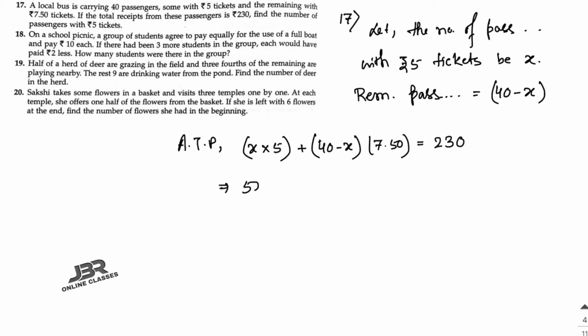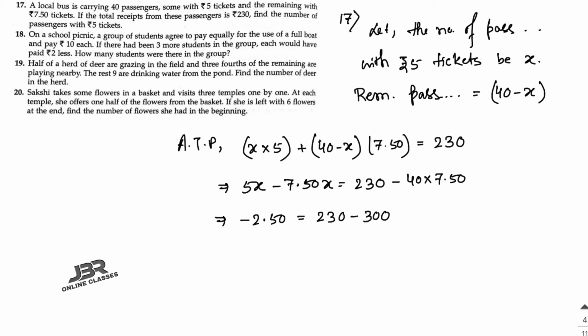So here 5x minus 7.50x equals 230 minus 40 into 7.50. You can write 5x minus 7.50x, that means minus 2.50x, and 230 minus 300. As 230 minus 300 equals minus 70.